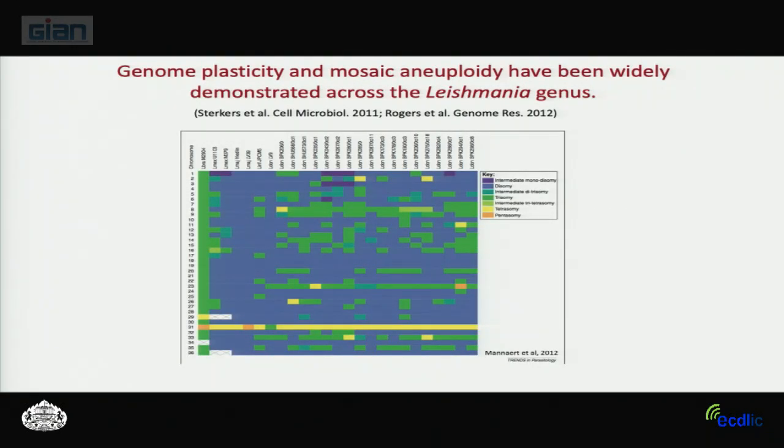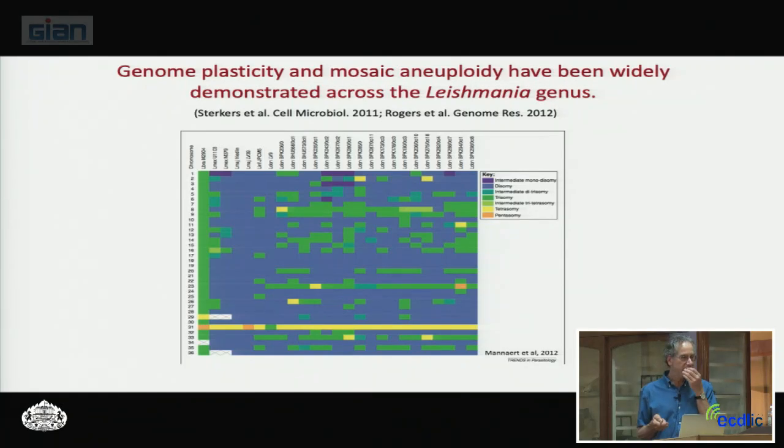This genome plasticity and aneuploidy that I mentioned is one of the more recently described features of the Leishmania genome that is so interesting. This is a review paper by Sterkers, showing various strains, donovani strains, major strains, and mexicana, different strains and species.